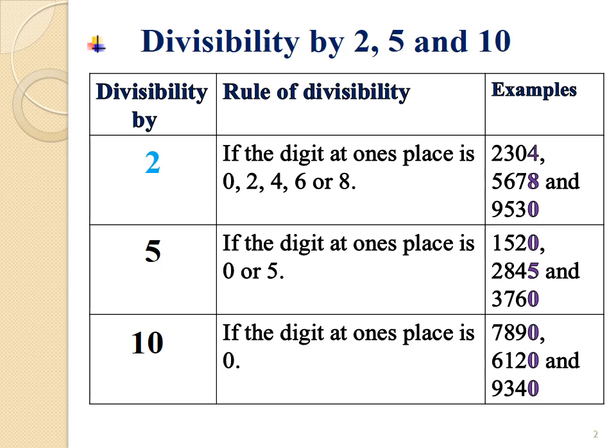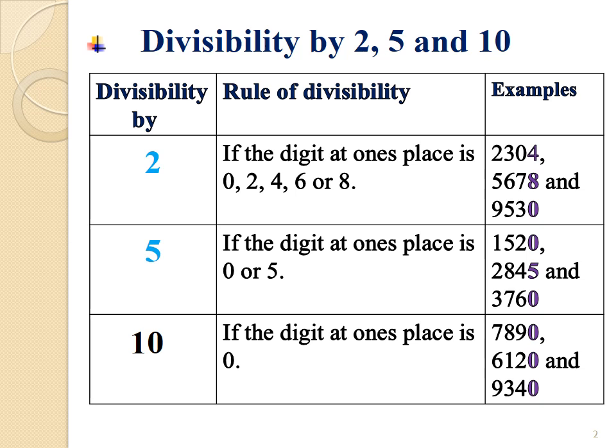Now, divisibility by 5. A number is divisible by 5 if the digit at its ones place is 0 or 5. Example, 1520, 2845 and 3760. Students, these numbers have 0, 5 and 0 respectively.